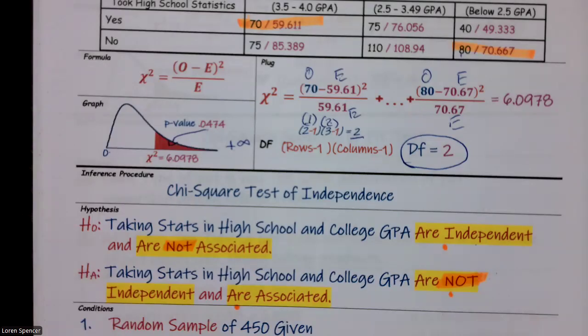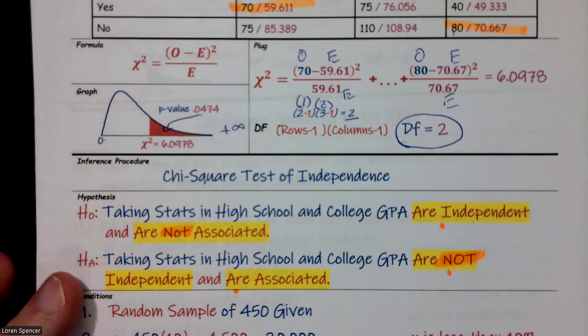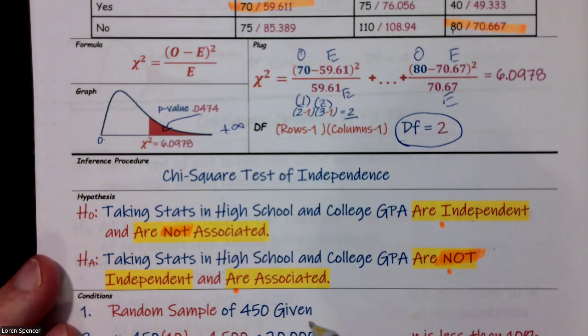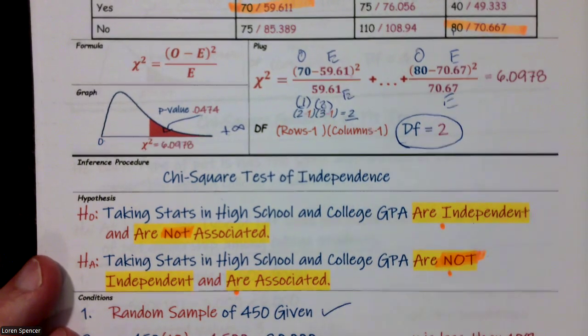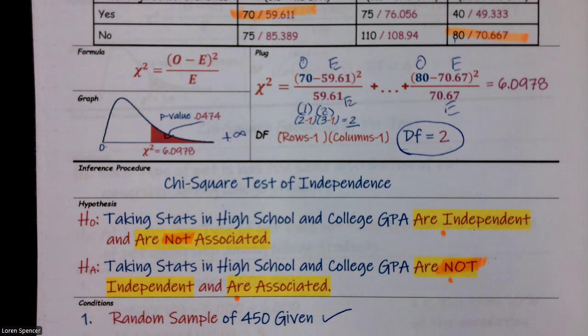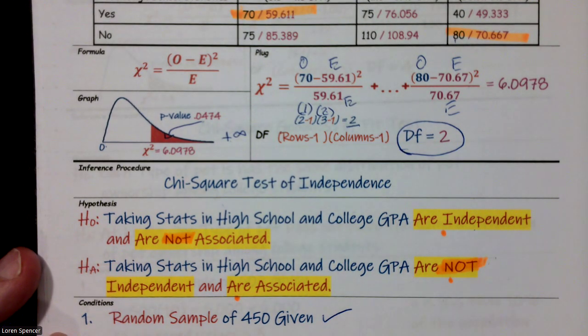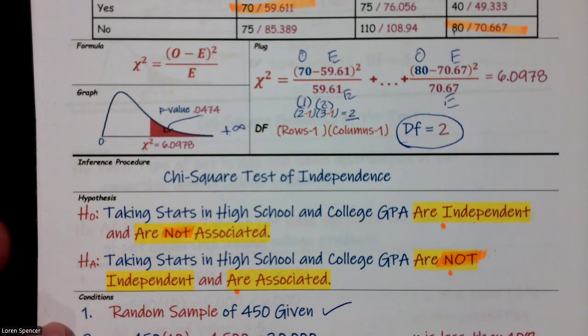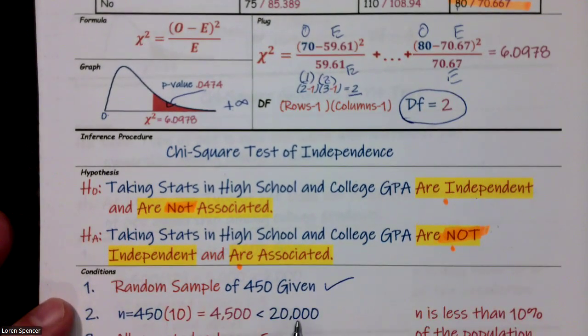All right, our conditions. We had a random sample of 450, a single random sample, and that was given to us. Now we need to make sure our sample wasn't too big. To do that, we multiply by 10 and we get 4,500, which is less than the 20,000 population that was given earlier.